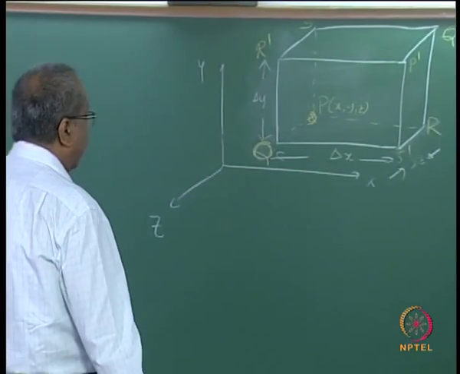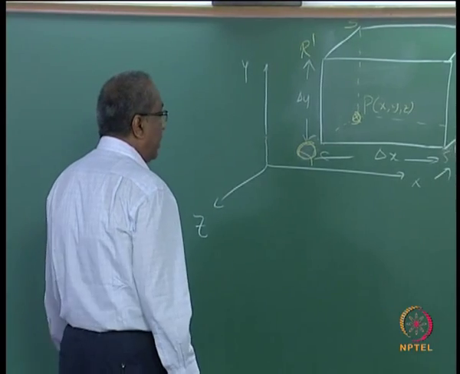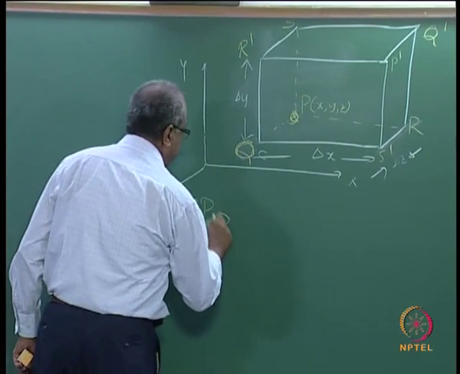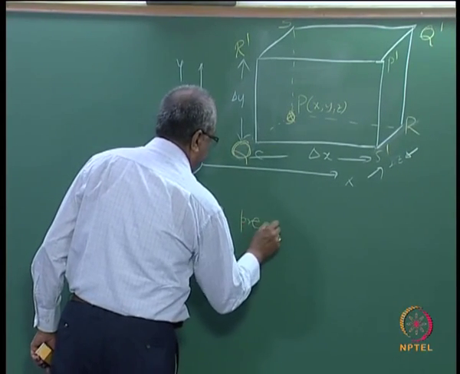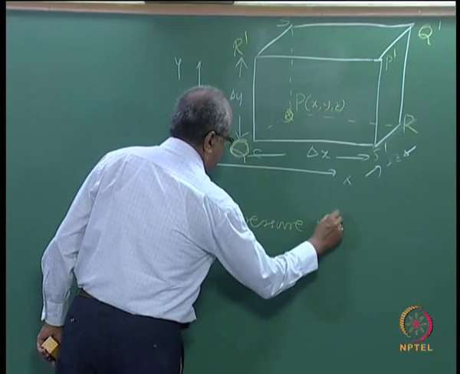Rho is the mass density, and let P be the pressure intensity.